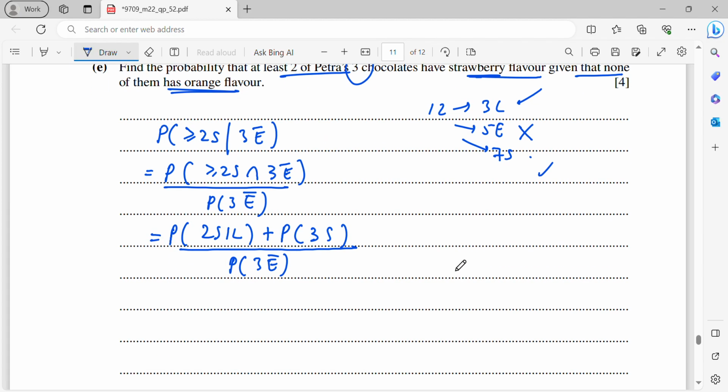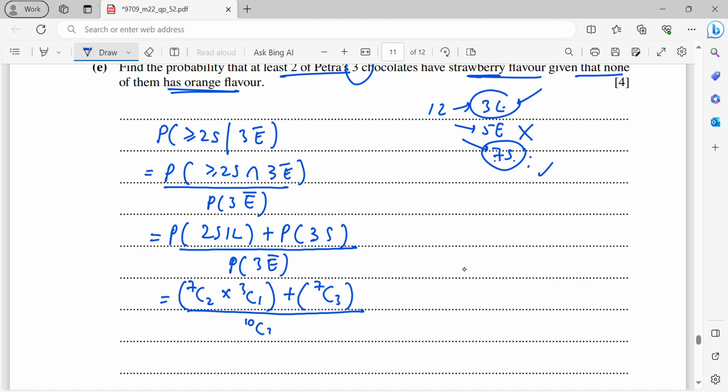Alright, so now from here, to get the first one, I will say 7 choose 2. And 1L. So 3 choose 1. Plus 7S, choose 3. Over 3 non-E. Non-E means I have to choose from L and S. Means that there are total of 10 here. So 10 choose 3.